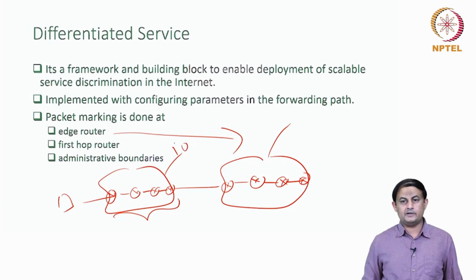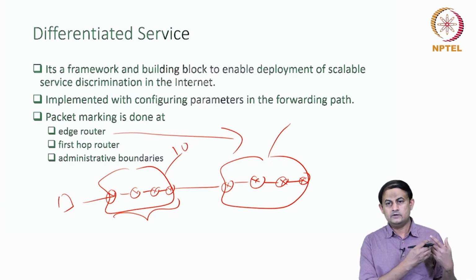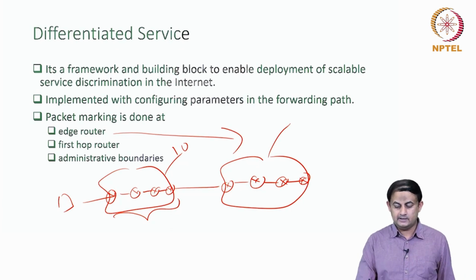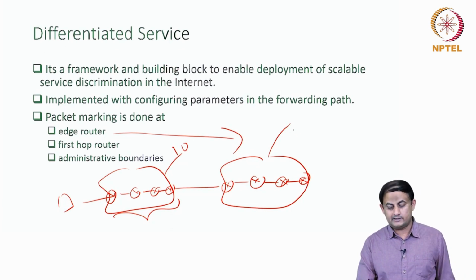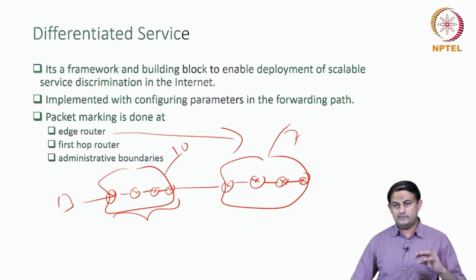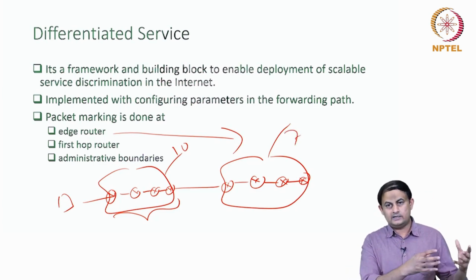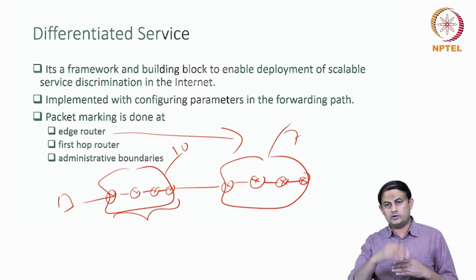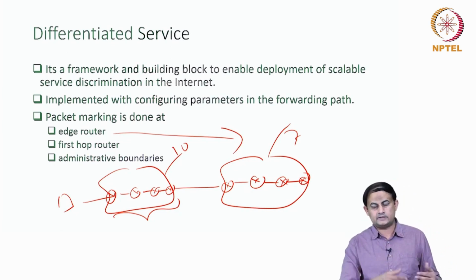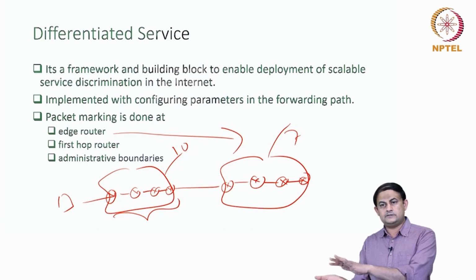Hypothetically, there are 10 different classes of quality of service here, but there may not be 10 there; there might be only 7 of them. So I need to find a mapping of these 10 quality of service parameters, which we call the code points in the differentiated service model, to these 7 of them.